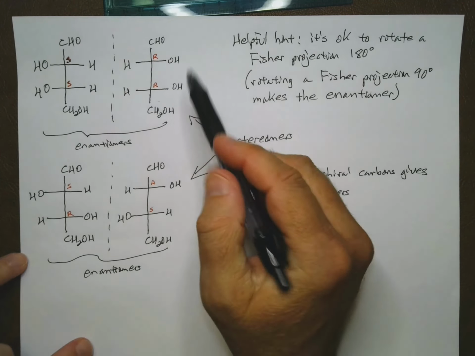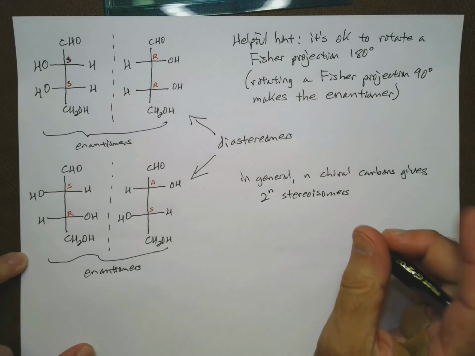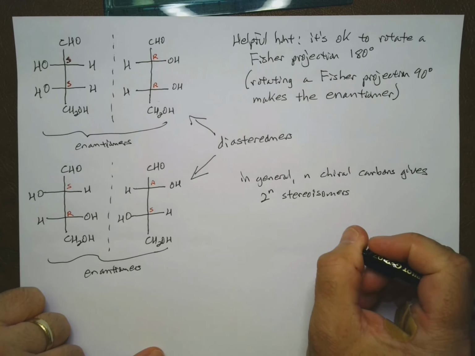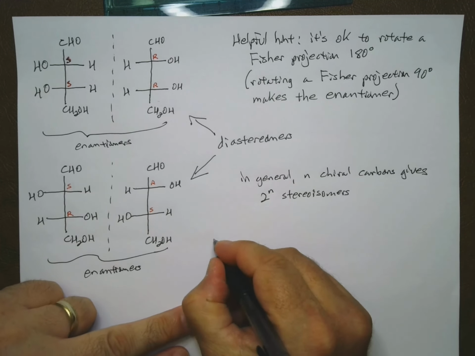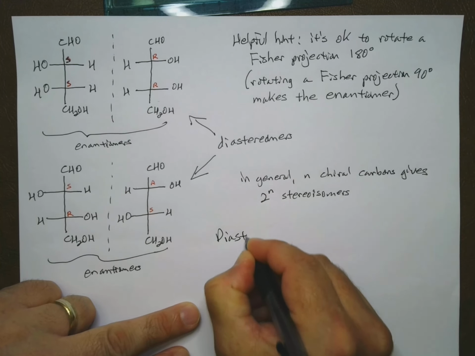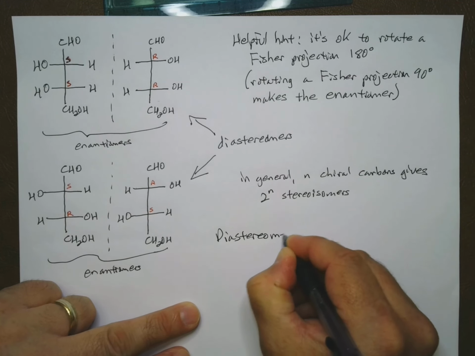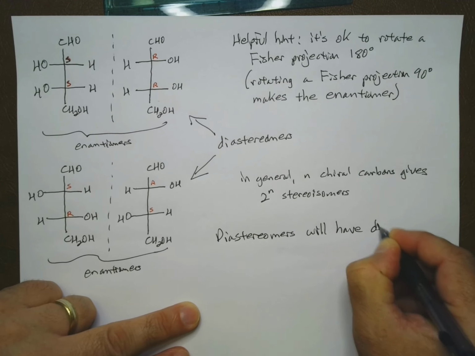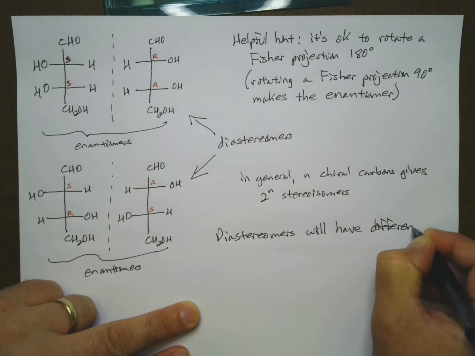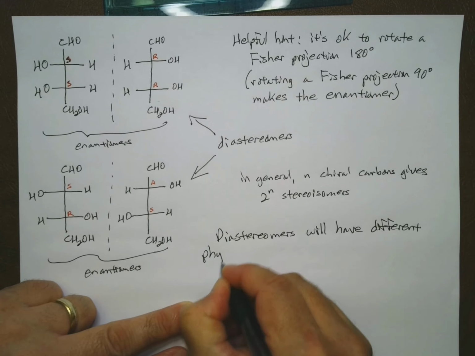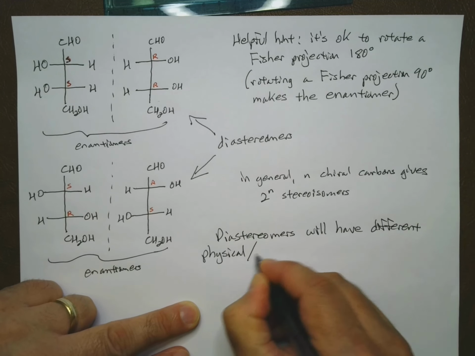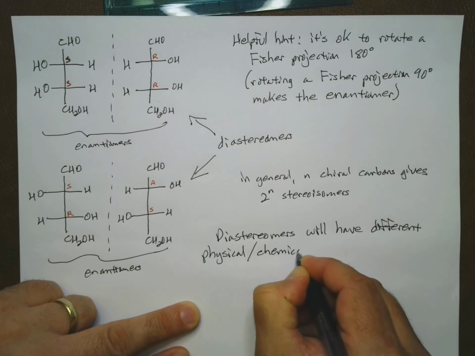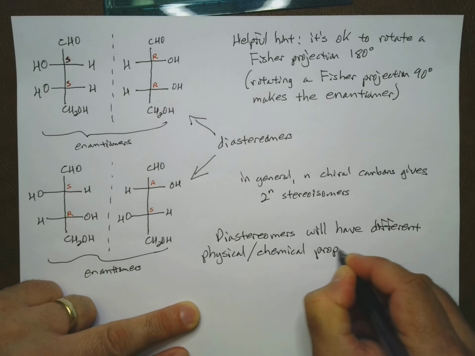Of course, we can have plenty of diastereomers that are not meso compounds. Another thing I do want to point out is that diastereomers will have different physical and chemical properties.